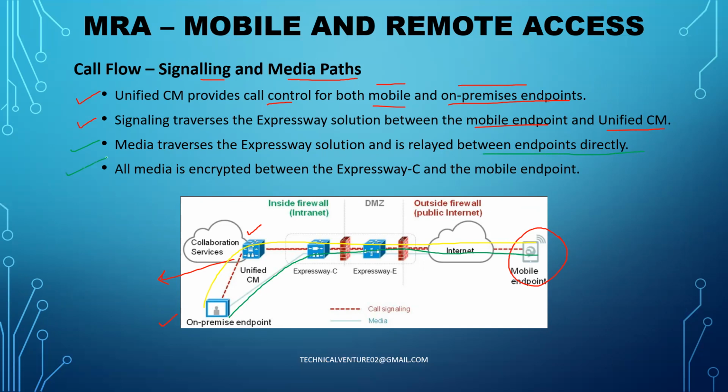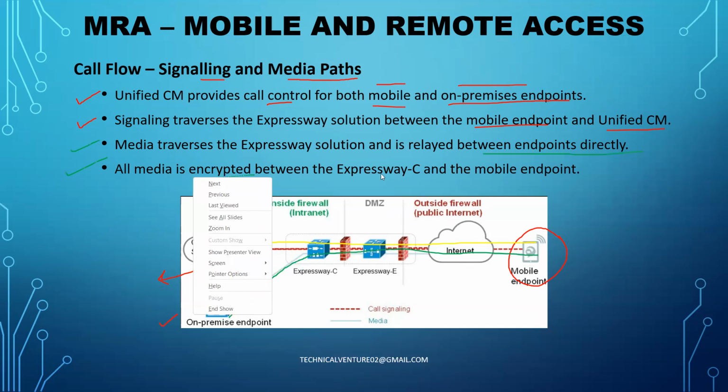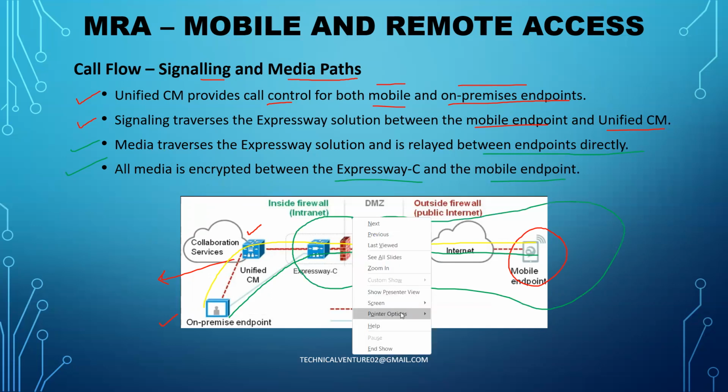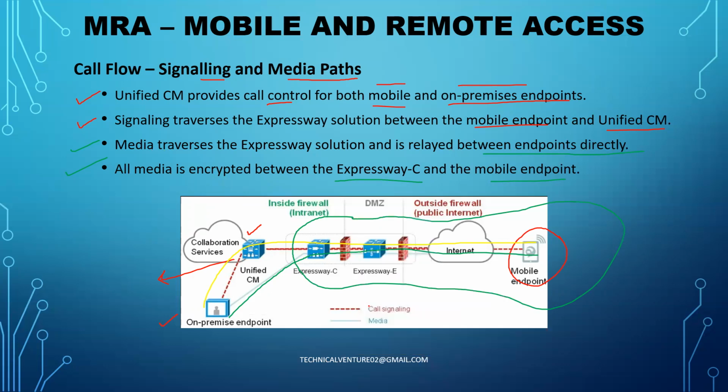All media traversing this path is encrypted between the Expressway Core and the mobile endpoint. So as you can see, this is call signaling, and media would be the blue one.